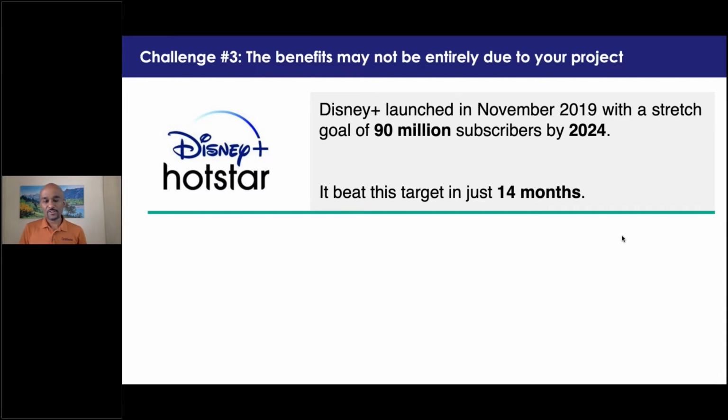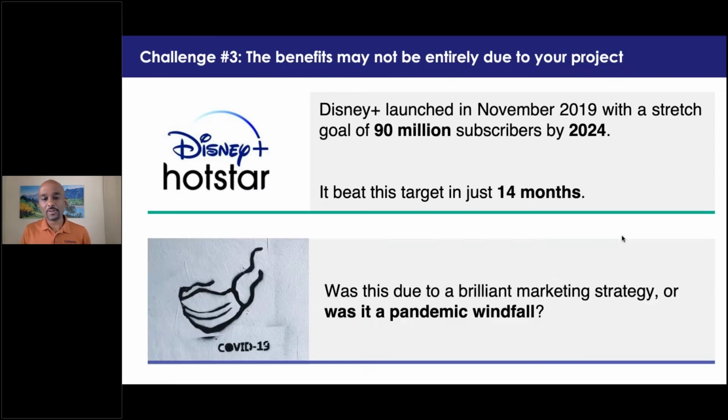They launched in November 2019 with an ambitious goal of 90 million subscribers by 2024. Within 14 months, they beat this target. Now, how much of this will you attribute to their brilliant marketing strategy, and how much of it is just a windfall from the pandemic, with people sheltered in their homes with little else to do? So that's the third challenge.